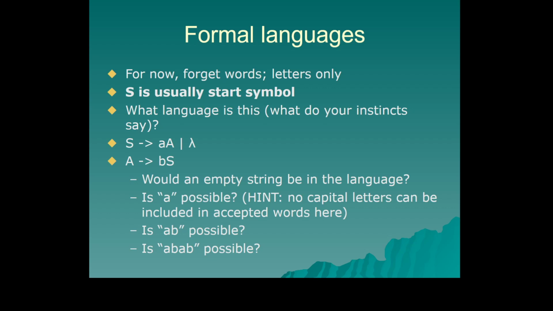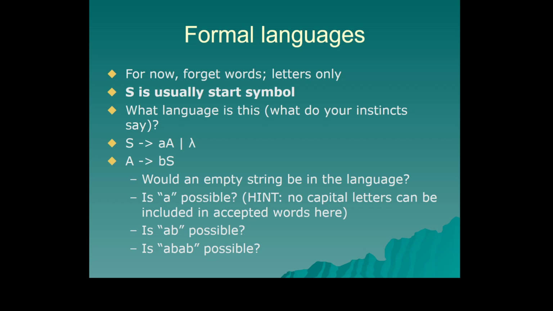But to figure the rest of this out, let's think about, is the letter lowercase a possible with these rules? Well, for substitutions, you have to take a capital S and substitute for something. Obviously, if we substitute for lambda, we're done. There's no other rules, no other things to do, and there's no a, so that doesn't work. So if we choose the rule lowercase a capital A, then we get an a, and so maybe this is possible, but unfortunately for our capital A, there is no option for lambda.